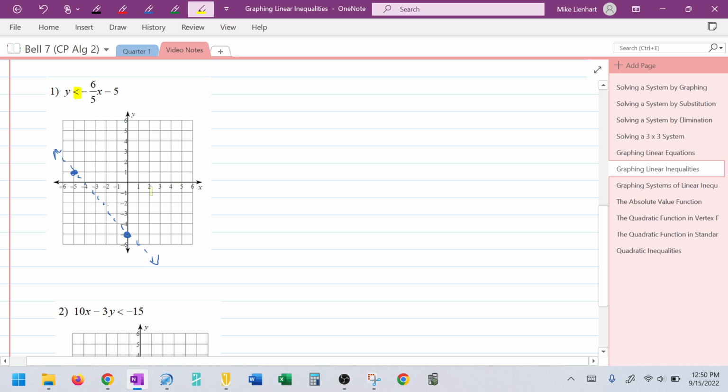If I follow my rule, y's are less than means y's are little. I know the y's are smallest down in the bottom there, so I'm going to shade the side of the line that includes all those values that are less than. That's it. All right. The test point method, if you'd really like to learn that, let me know and I'll walk through a problem with you.